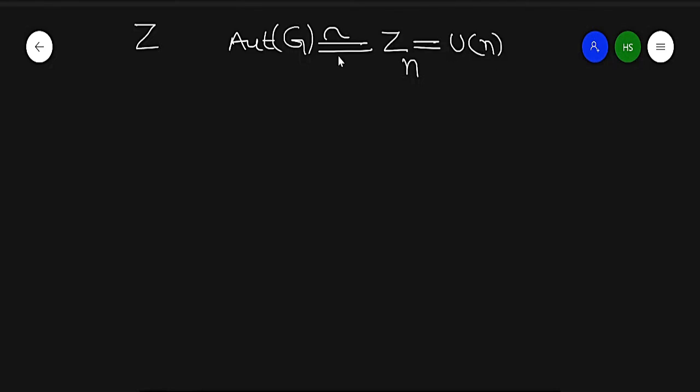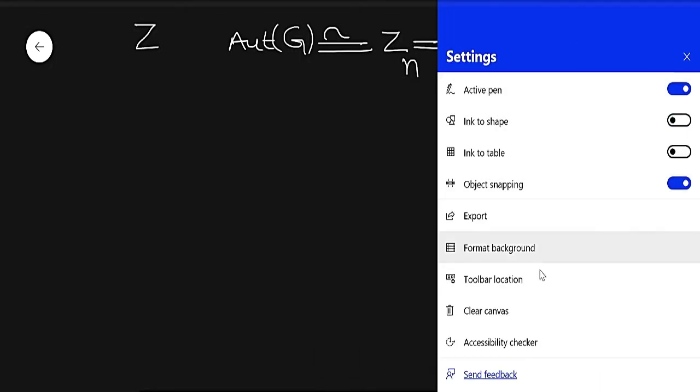This is in the case of multiplication modulo n, and when it is in addition, Zn.